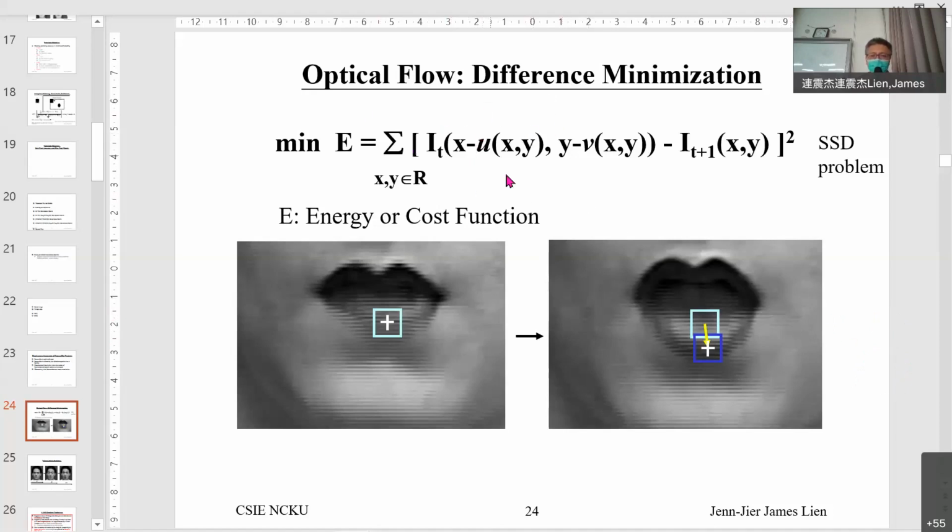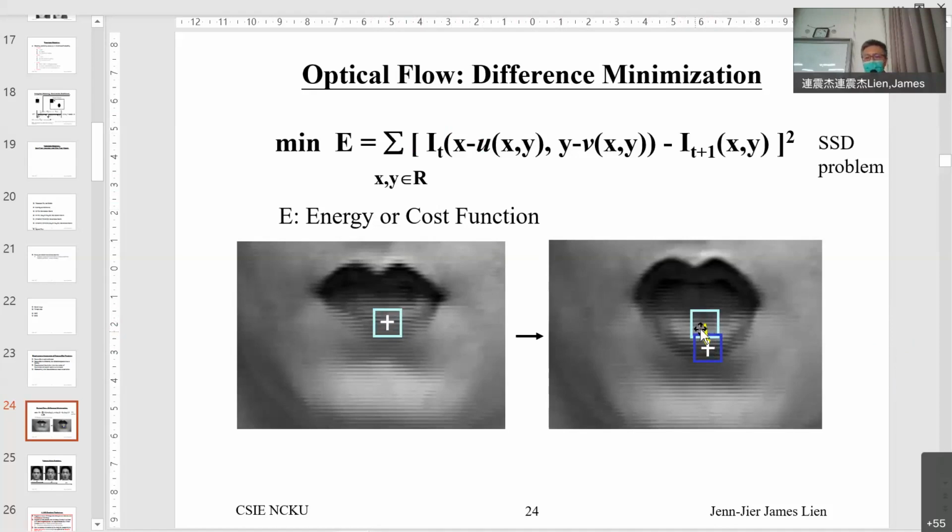What's the optical flow? Suppose we have a template here, and when you open the mouth, from the starting point to the end point, in this direction, this vector we call flow.